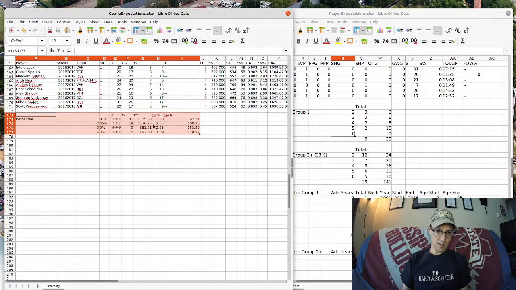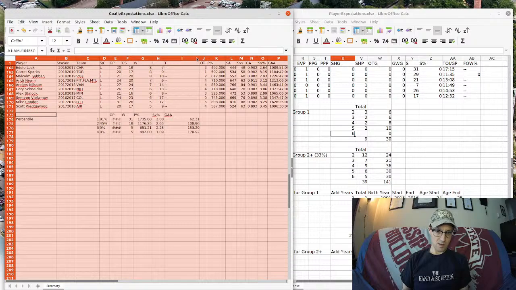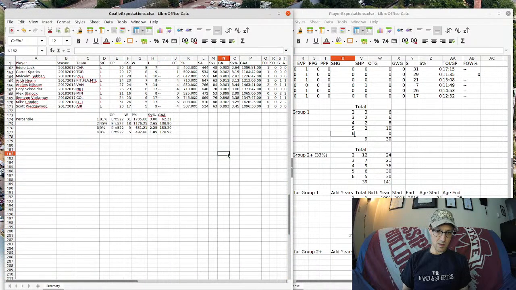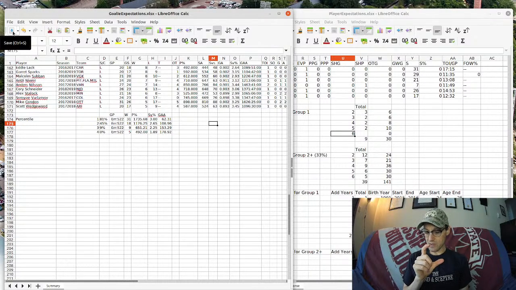Games played. I already combined the two spreadsheets into one. There were only two spreadsheets of data for goalies, and now I just need to get this cell referencing right.